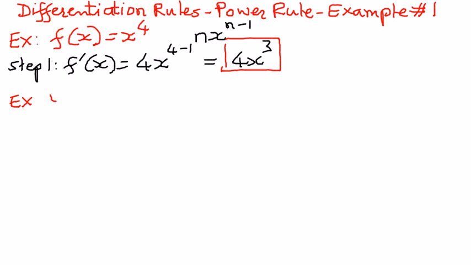If y is equal to 1 over x to the power of 2, we can rewrite this equation as y is equal to 1 times x to the power of negative 2.